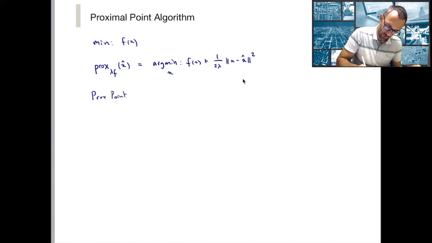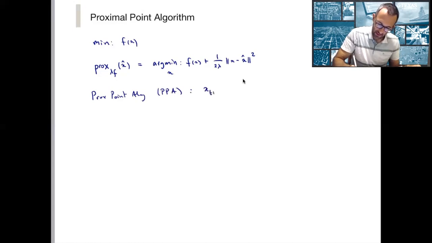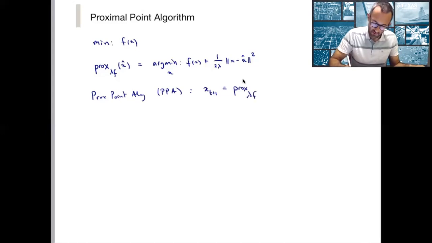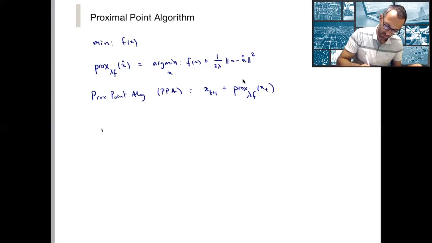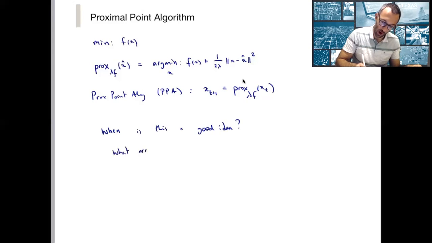The proximal point algorithm, which sometimes I'll just abbreviate, is simply to write x t plus 1 is equal to prox with step size lambda times f of x t. And I want to know when this is a good idea, what it looks like in the dual, and what is its relationship to things that we've already seen, things that perhaps we understand better. So what are its properties?